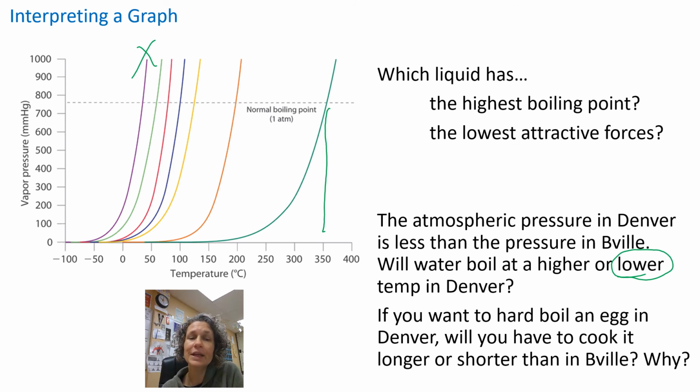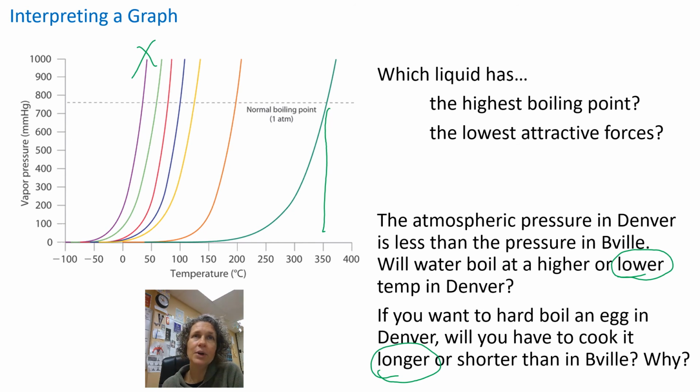Here's the deal with that. You would actually have to cook it longer to hard boil it because it's going to boil at a lower temperature. And it's not significantly lower. Here in Bartlesville, it would boil at 100 degrees Celsius because we're pretty close to sea level. In Denver, it's going to boil at, let's say, 95 degrees.